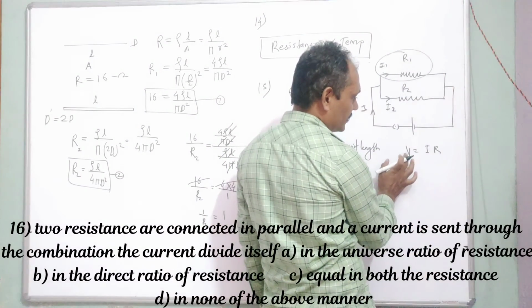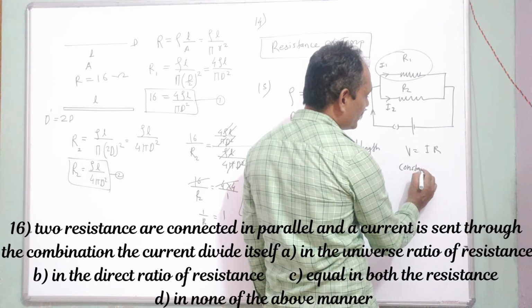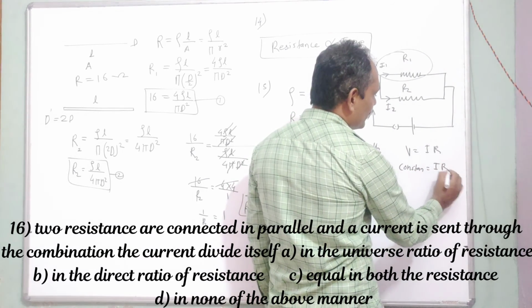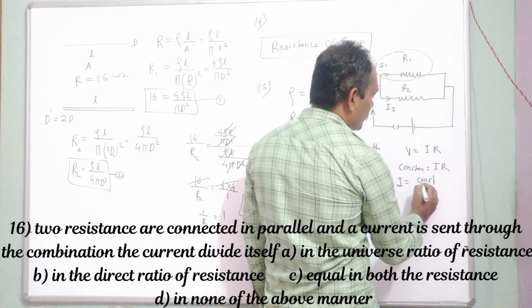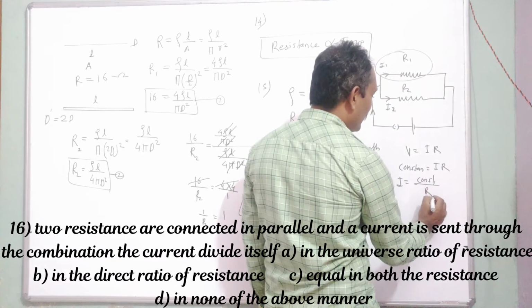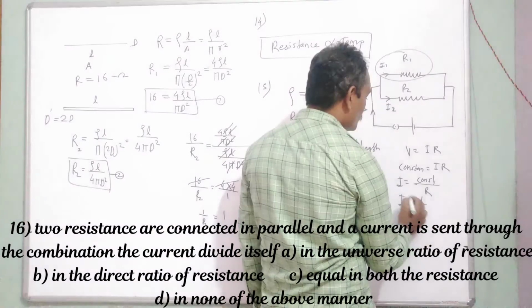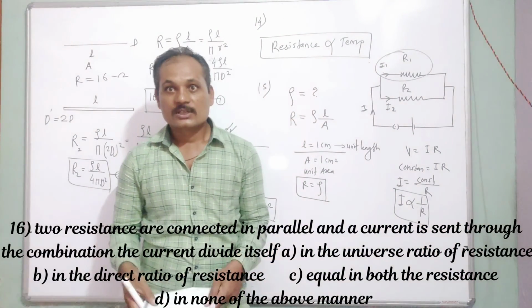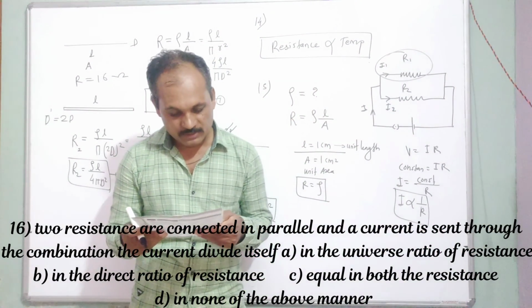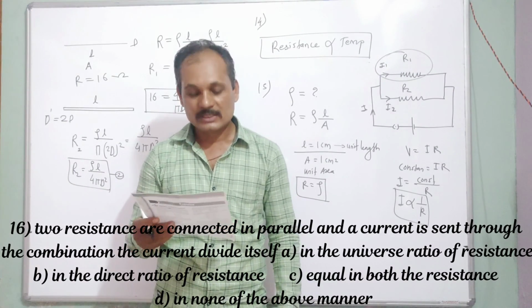So I equals constant upon R, that means I is inversely proportional to R. The current divides in the inverse ratio of resistance.